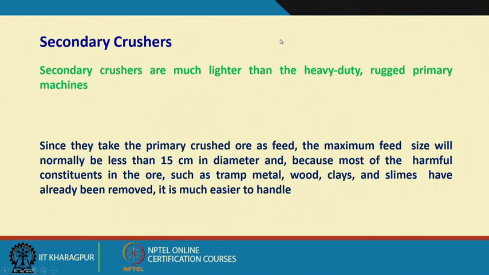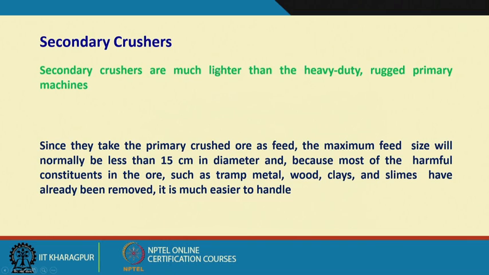Now, let us talk about secondary crushers, because we have already shown the ranges of particle size they can handle, from a top size to a bottom size. Again and again I am repeating that we are aiming for a progressive breakage of the particles.